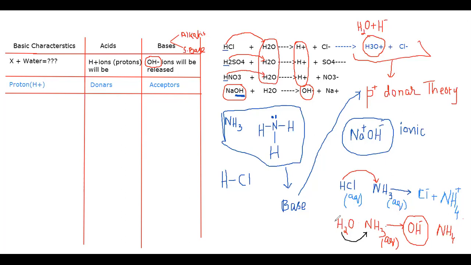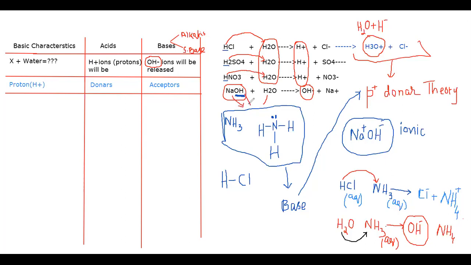So we can also say that water is an amphoteric molecule. It means it has the ability to react with acids as well as with bases. Like in the last case, when the water is reacting with a base, what will happen? The hydroxide has been released, but it is not releasing the hydrogen ion, it is accepting the hydrogen ion that has been released.